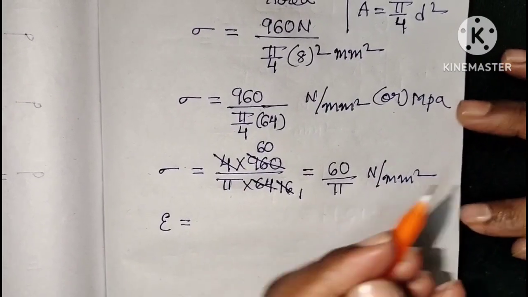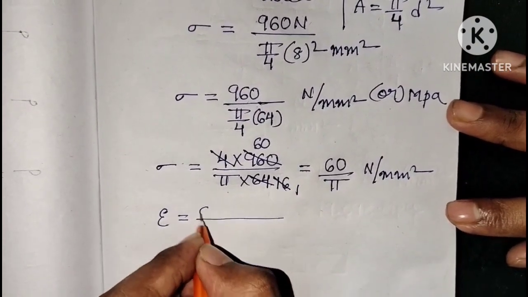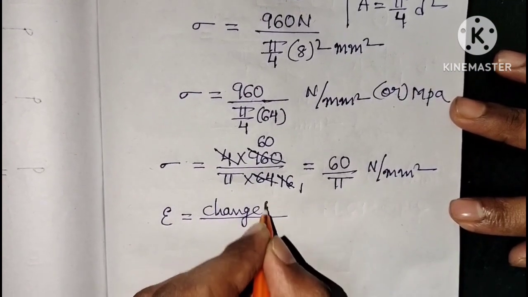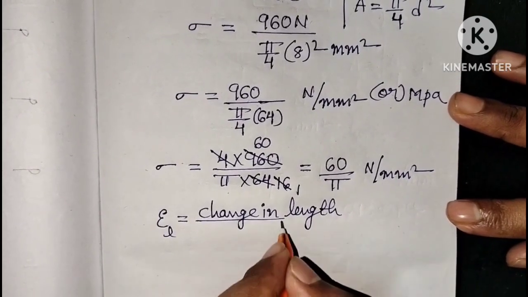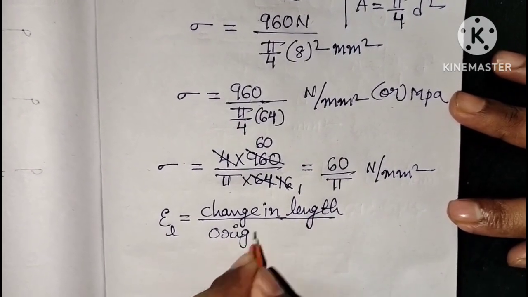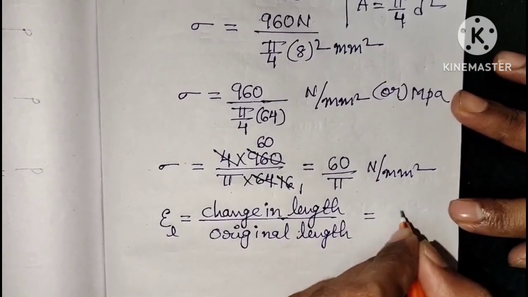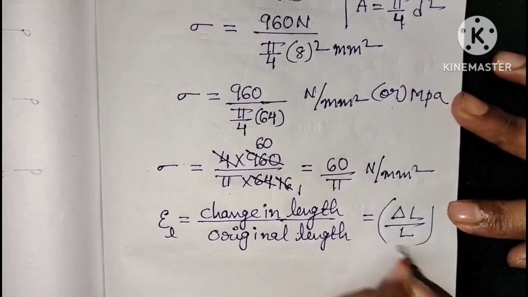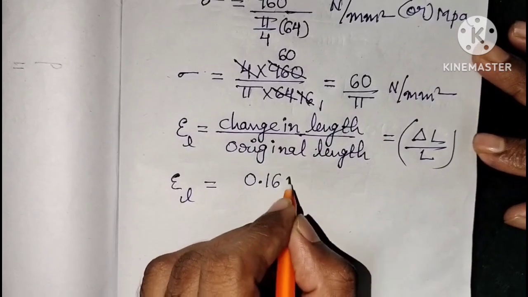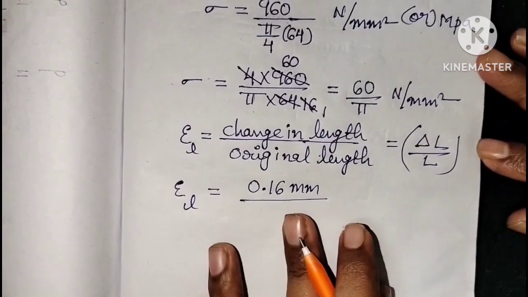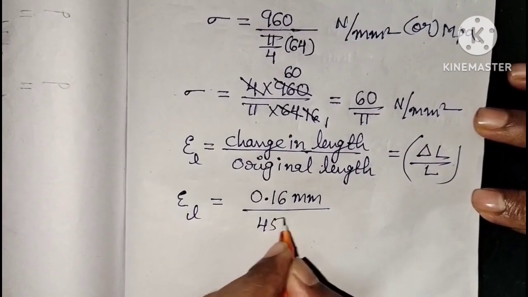Now the strain. The body is subjected to longitudinal strain because we applied force along the length of the rod. So longitudinal strain is equal to change in length by original length or gauge length. Change in length delta L is 0.16 mm, and the original length L is 450 mm.